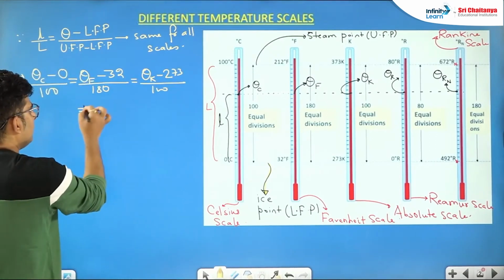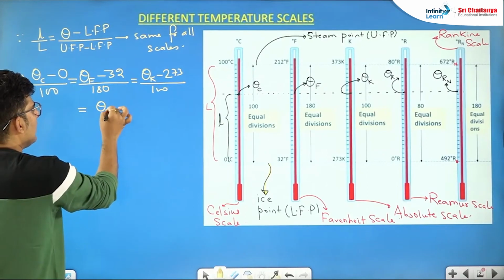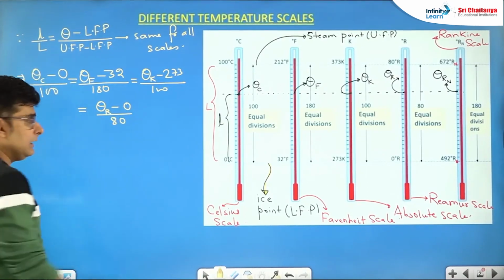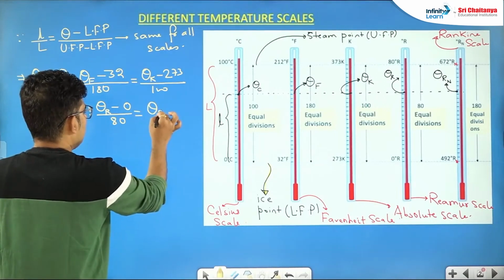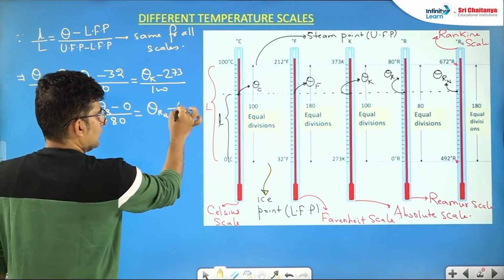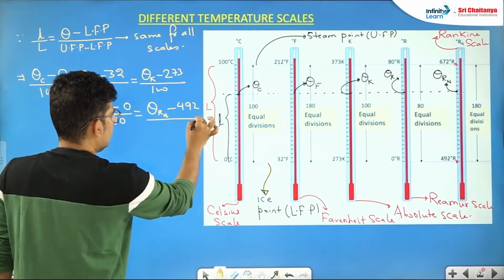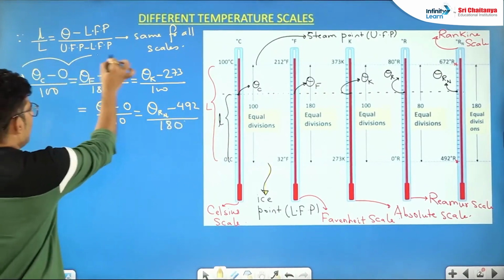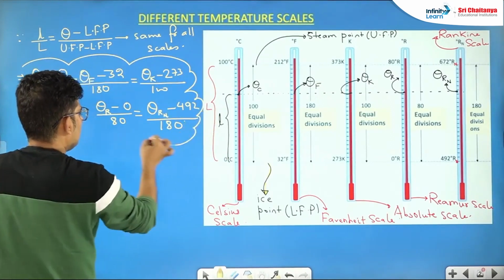If I write for Reaumur, theta R minus 0 by how many divisions? 80. If I write for Rankine, theta Rn minus what is the lower value? 492 divided by 180. So this is what we get for different thermometers.